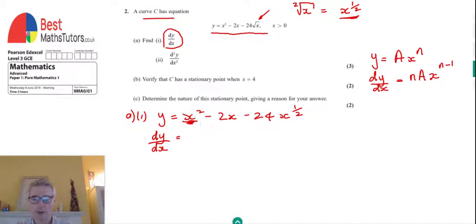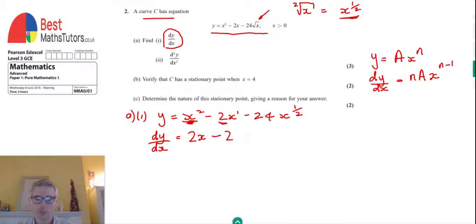The 2 will multiply to the front, so we'll get 2x, and if we subtract 1 from the 2, it becomes x to 1, which we don't need to write. This means the x has got a power 1 on it, and if we subtract 1 away from that, we get 0. So effectively the x disappears, and we're left with a constant in front, that's the 2.